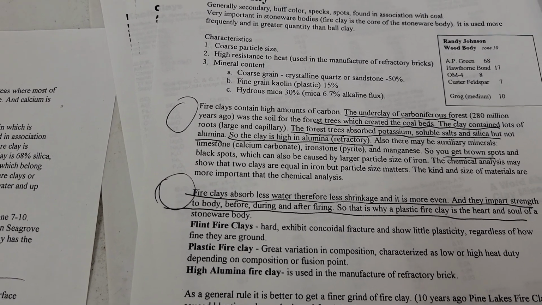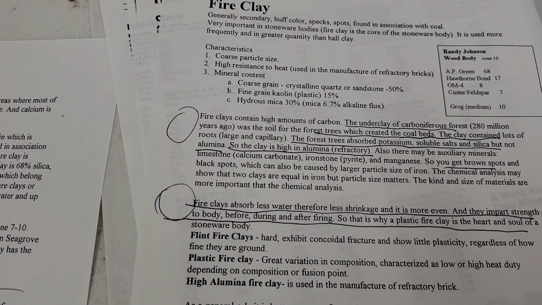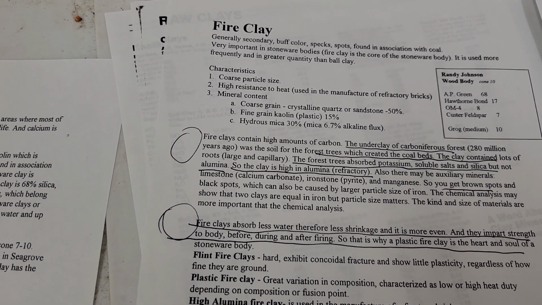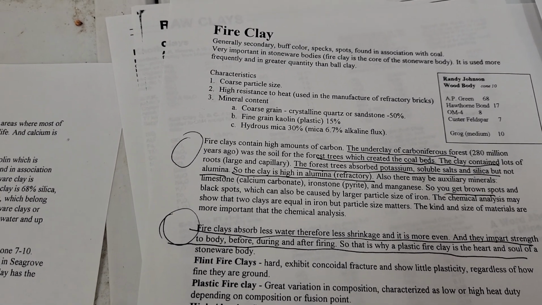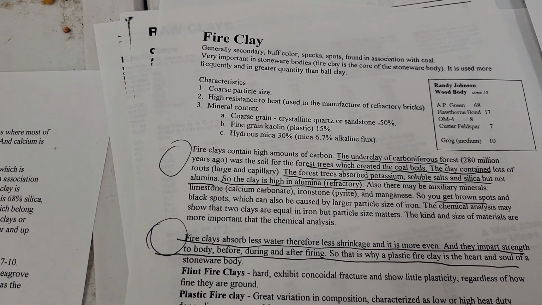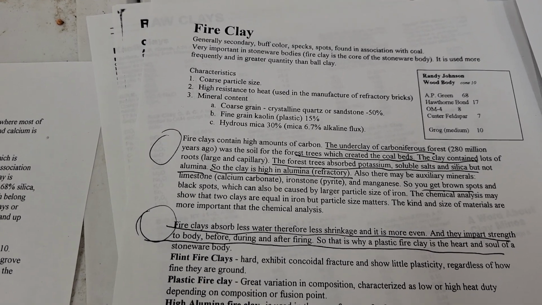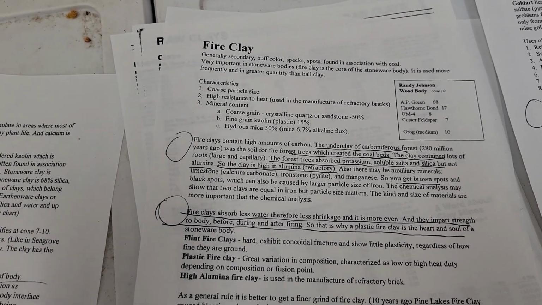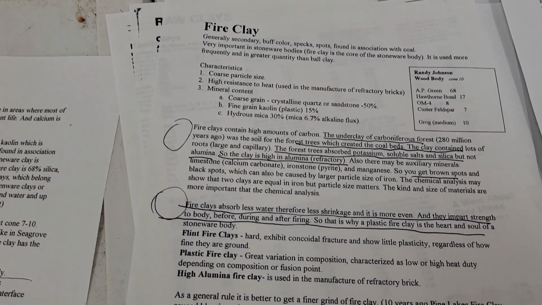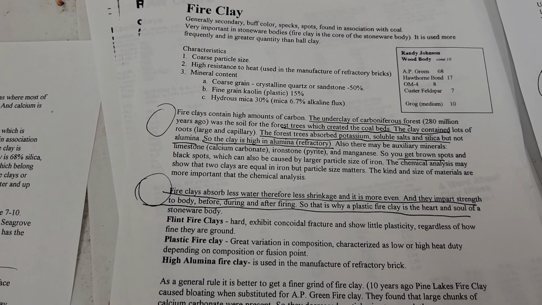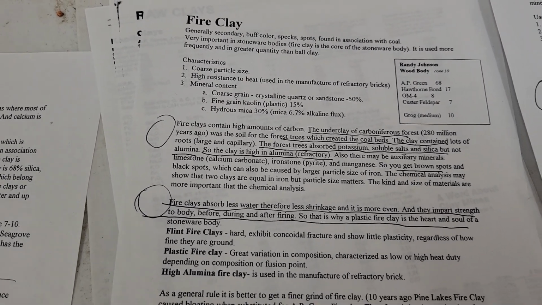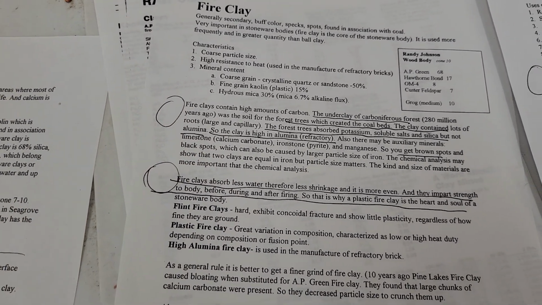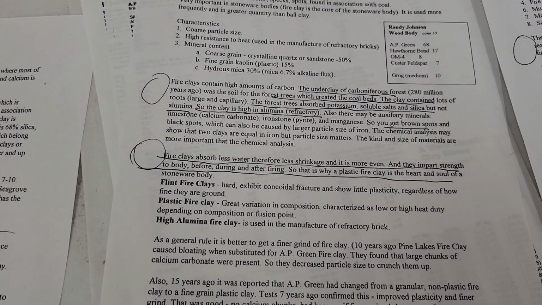The forest grows up, and then it sucks all the potassium and salts up into the leaves, and that's deposited, and that made the seam of coal, and that's why the clay is left with high alumina refractory. I'm not sure if that's all 100%, if it's a myth, or a story to explain it, or actually factual, but that's what I've read. And you get lots of spots and grogs in there, and that's because of the size of the iron particles.